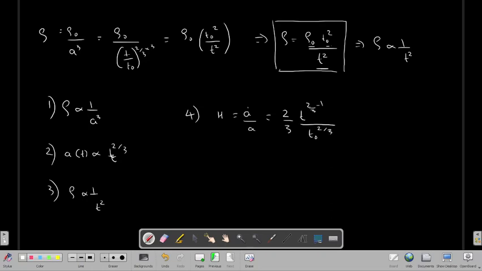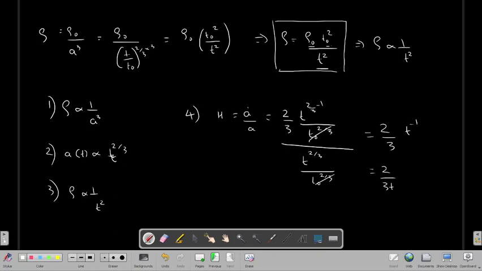So this is the value of a dot, and we have to divide it by a. So a is t to the power 2 by 3 divided by t0 to the power 2 by 3. So this factor and this factor will cancel out, and you will only be left with 2 by 3 into t to the power minus 1. So this is 2 by 3t.